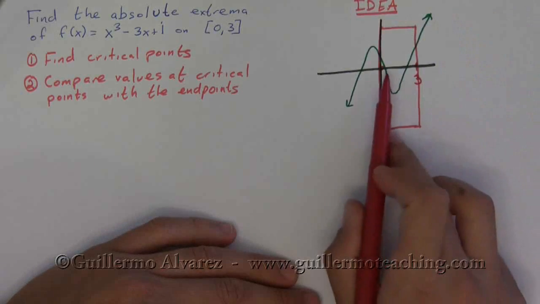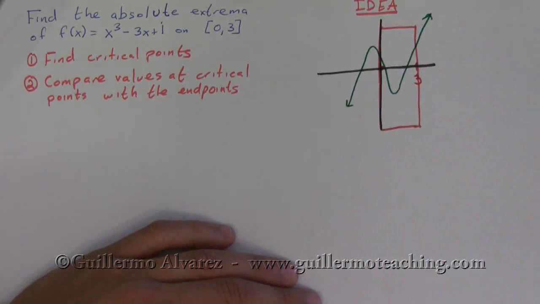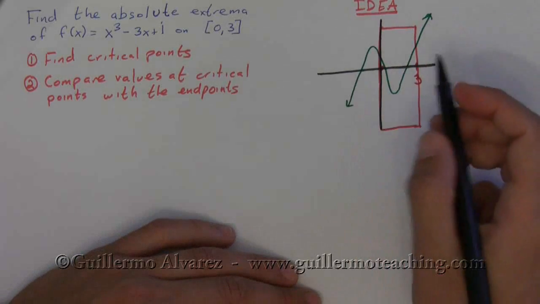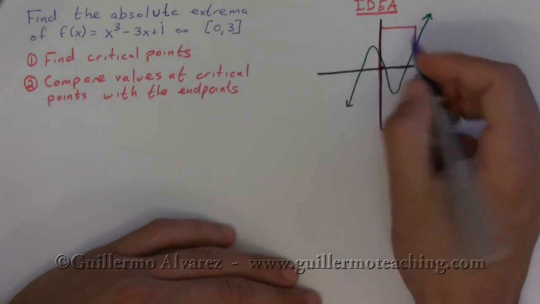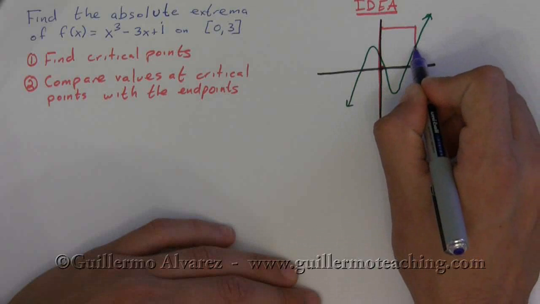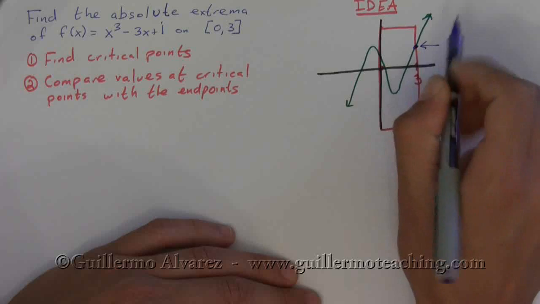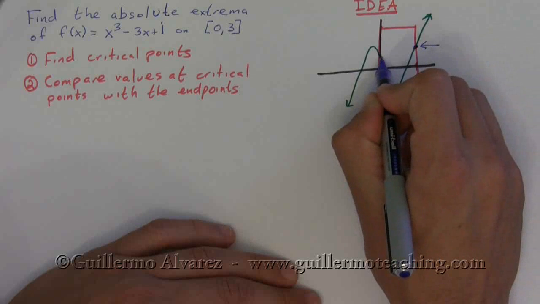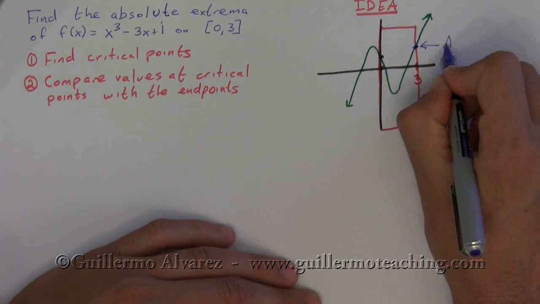Now if you look here, the absolute maximum would be the absolute largest y value that your function can attain. Well, if you compare, notice that the absolute maximum happens right here at this endpoint, because at this endpoint it's lower.